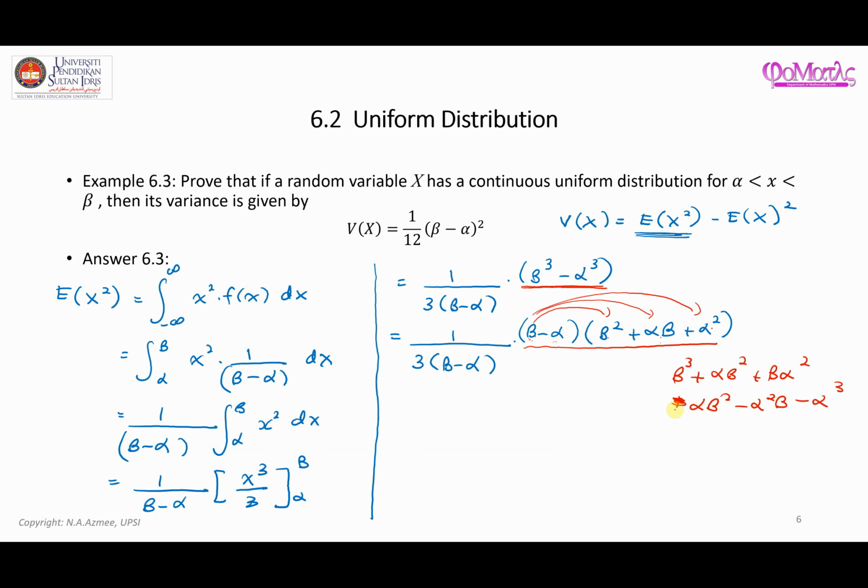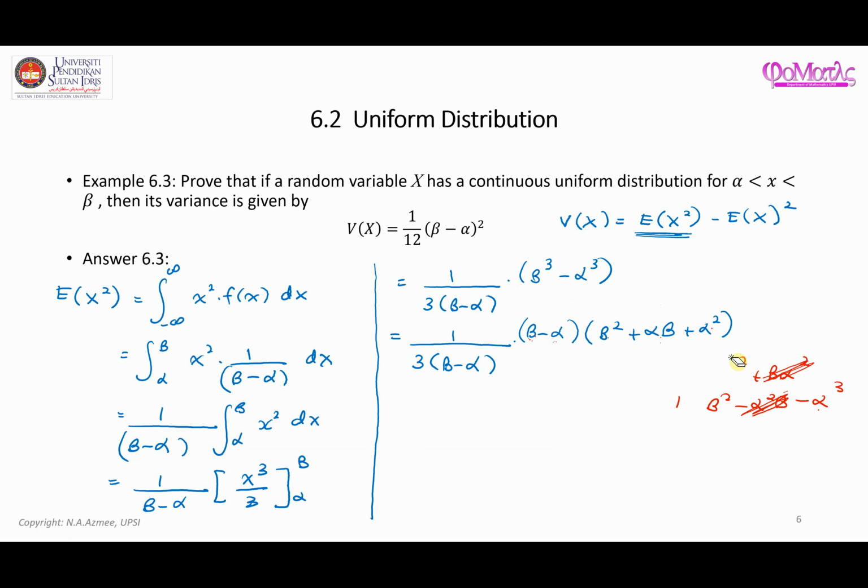So this part can be cancelled with this one, and this one can be cancelled with this one, so you are left with beta cube minus alpha cube, which is this guy right here. Okay, let me just erase that part now.